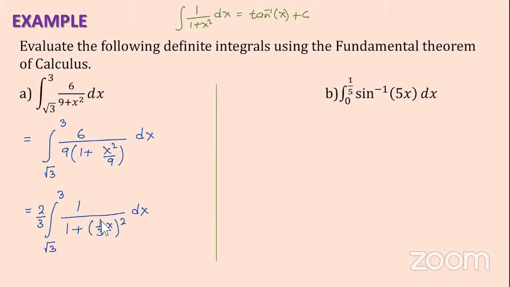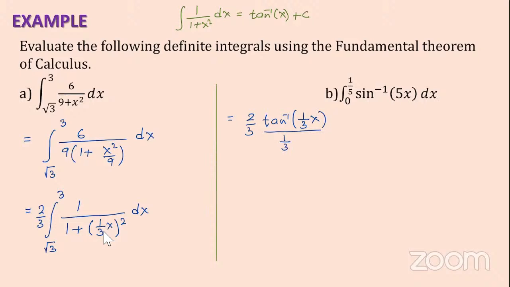Let me write here. So we have 2/3. Now when we integrate this, it will be tangent inverse x, so tangent inverse of 1/3 x divided by the derivative of that inside function. The derivative of 1/3 x is 1/3.